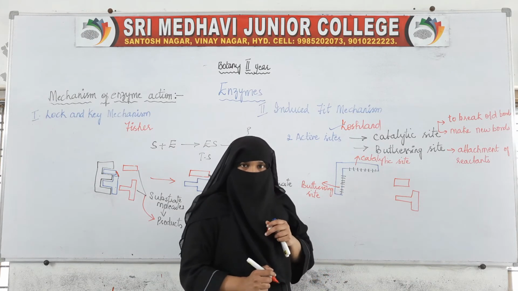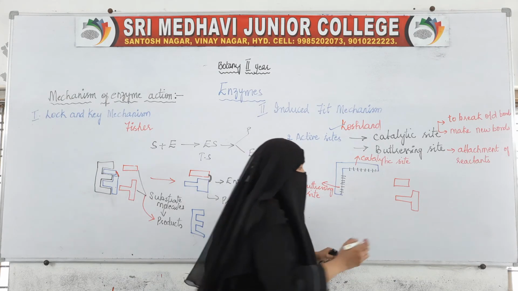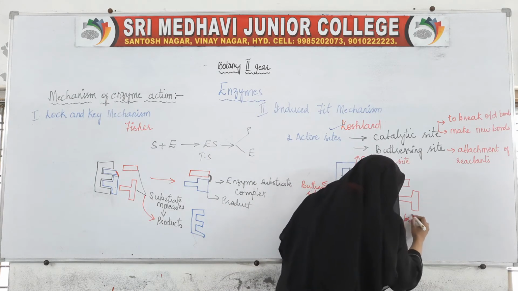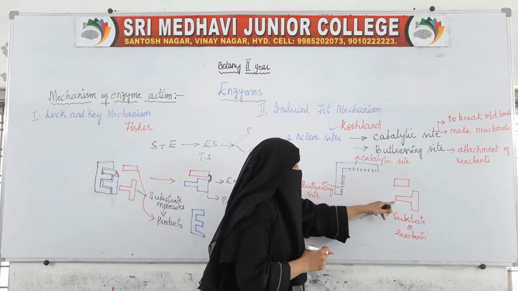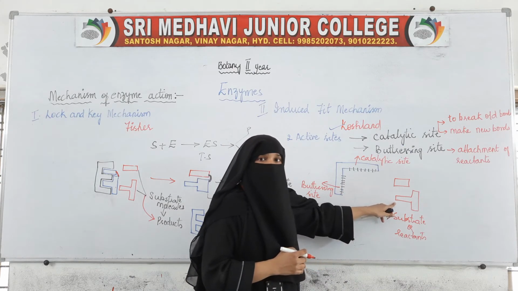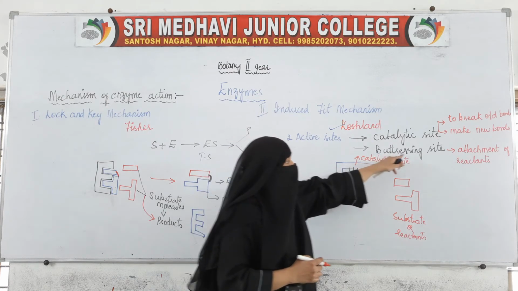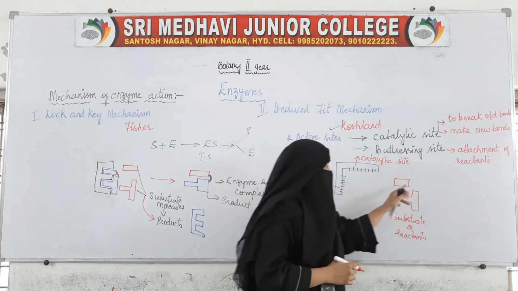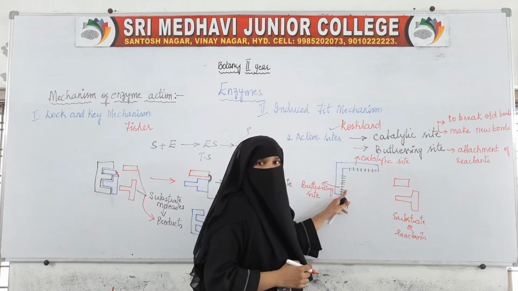Two substrates are there, which we can also call reactants. So what will happen? These substrates will come and attach here. What is the buttressing site? It is for attachment of reactants. So these reactants will come and attach on the buttressing site.